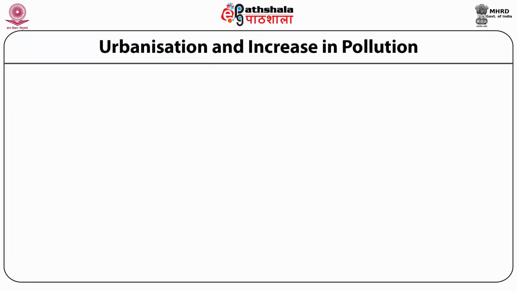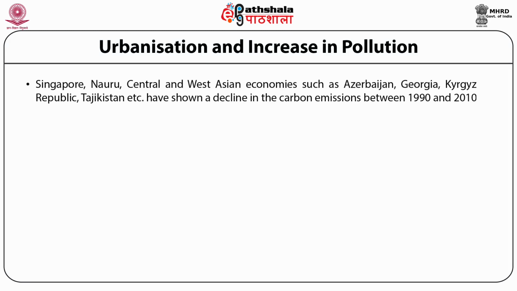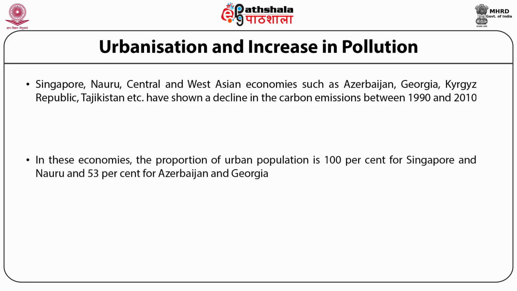Among the economies which have shown a decline in the carbon emissions between 1990 and 2010, we may enlist Singapore, Nauru, Central and West Asian economies such as Azerbaijan, Georgia, Kyrgyz Republic, Tajikistan, etc. Out of these economies, the proportion of urban population is 100% for Singapore and Nauru and 53% for Azerbaijan and Georgia.